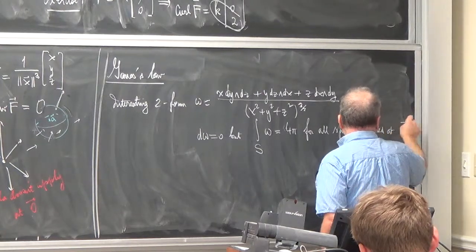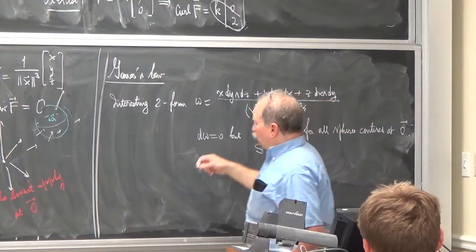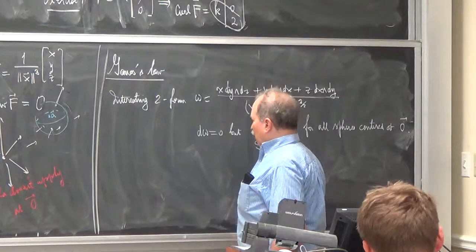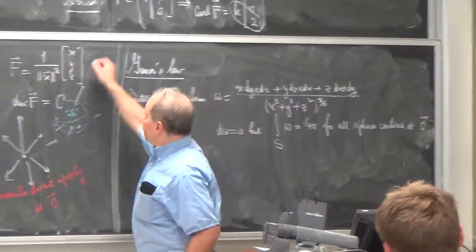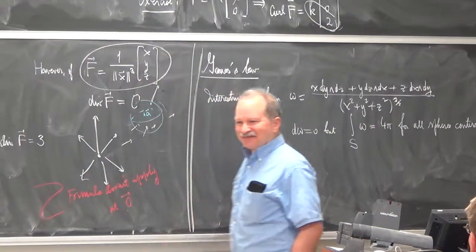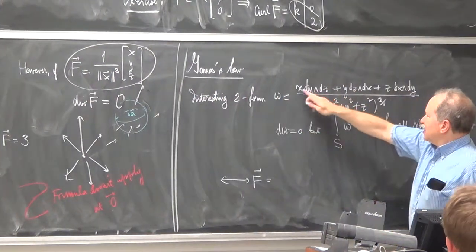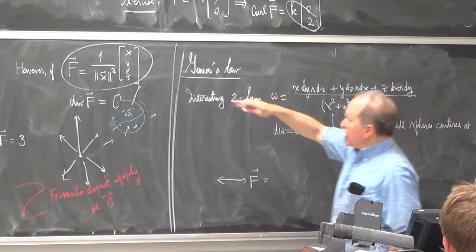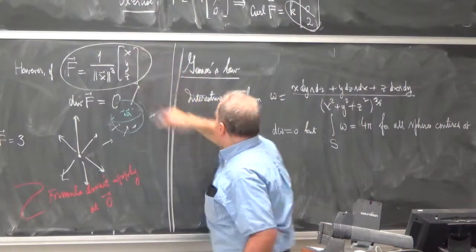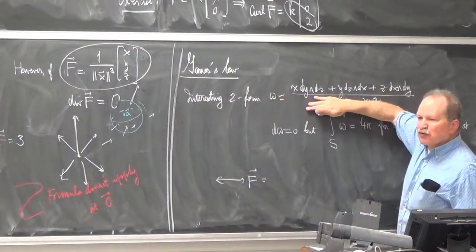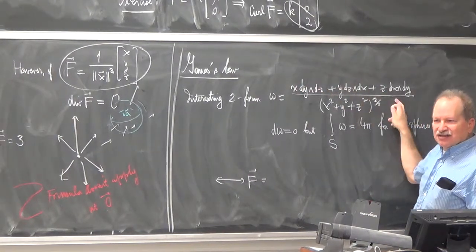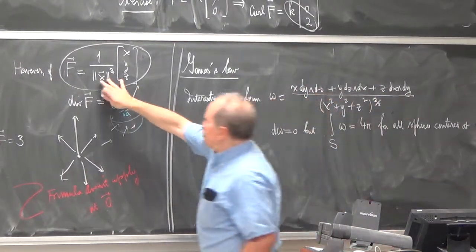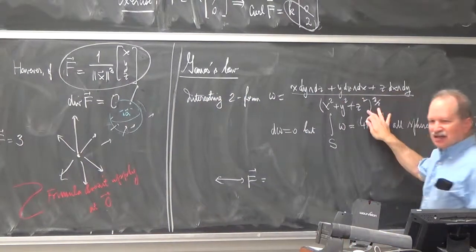So we've argued that that two-form, with our dictionary, corresponds to exactly this vector field. The radial vector field x, y, z corresponds to the two-form with x, y, z stuck in the slots, dividing by magnitude cubed.